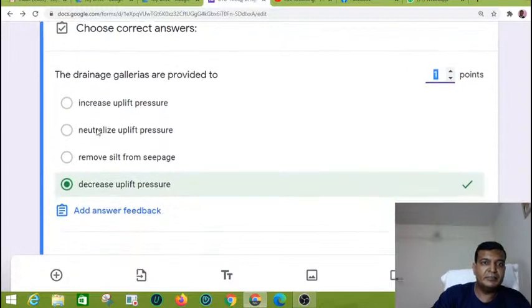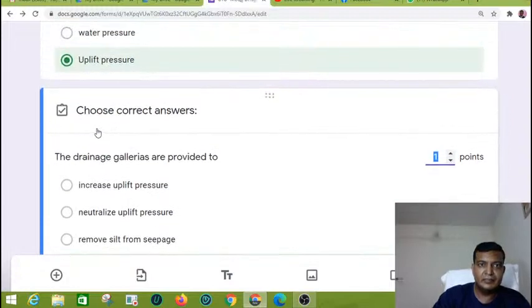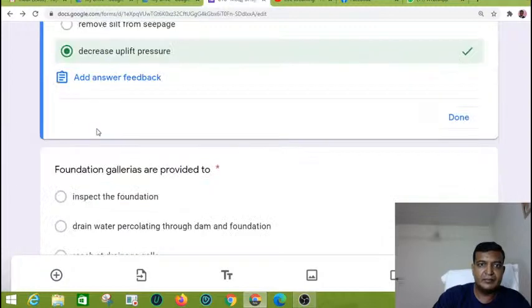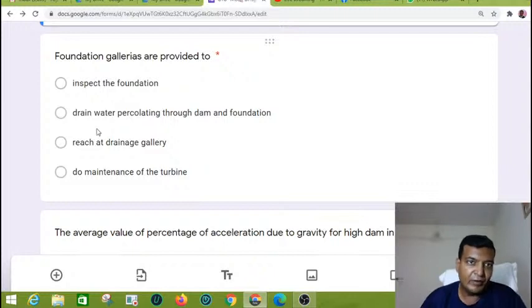Next objective is foundation galleries are provided to inspect the foundation, drain water percolating through the dam and foundation to reach a drainage gallery, and to maintenance of the turbine.